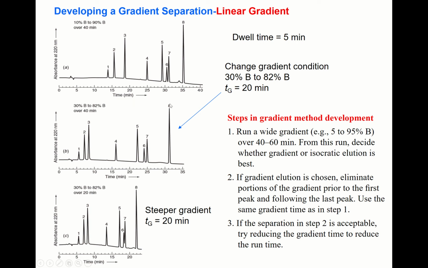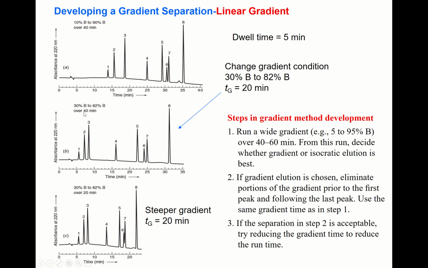How? While maintaining the gradient elution the same, you make the gradient steeper. So this one was done. Although the gradient time is the same, by changing the B ratio rapidly, look at that.